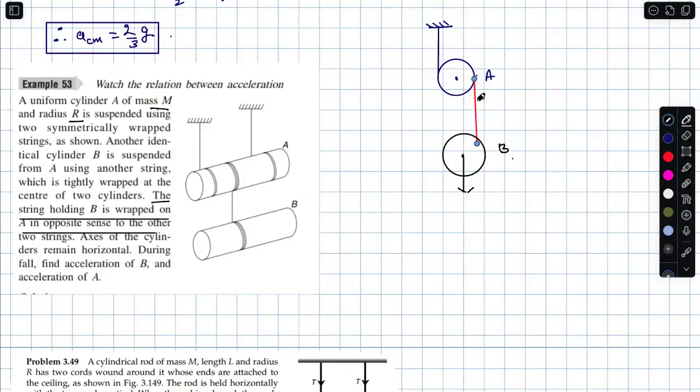Wrapped like that. Wrapped in opposite sense. They said identical cylinders. Right. Good.